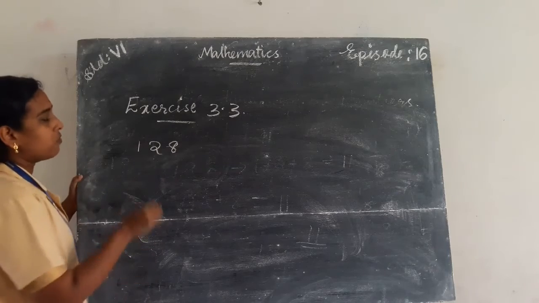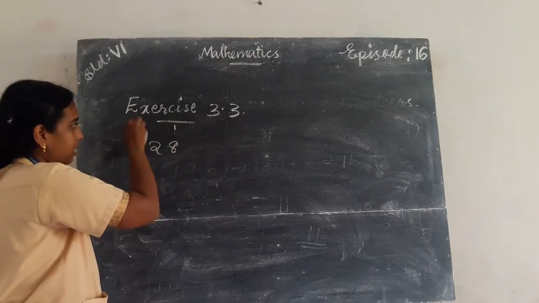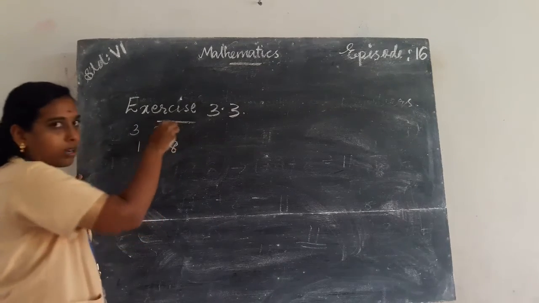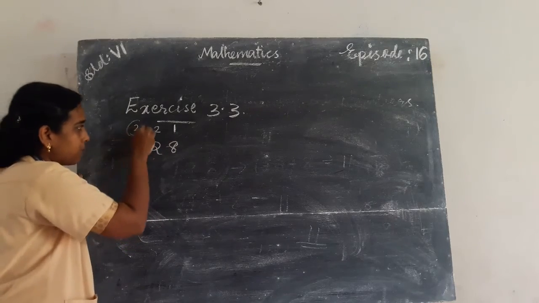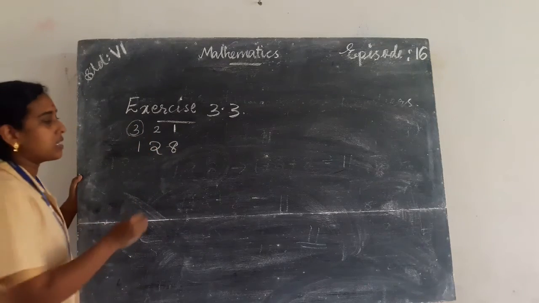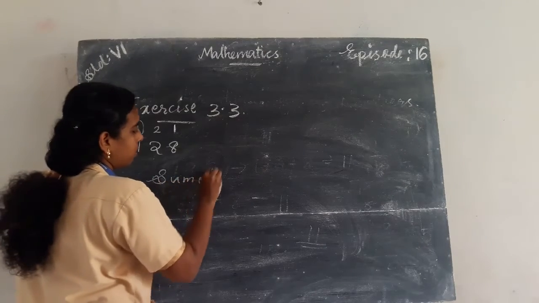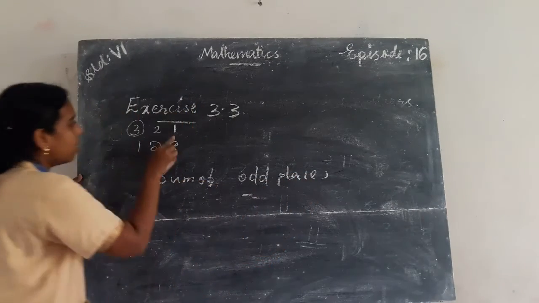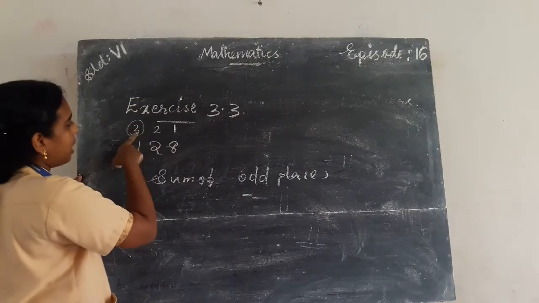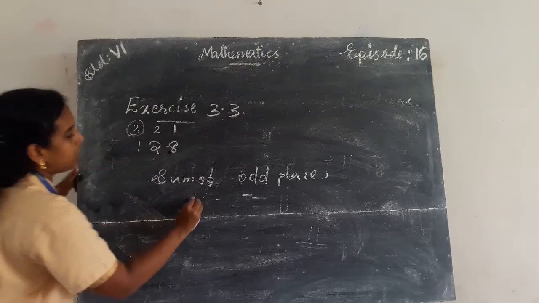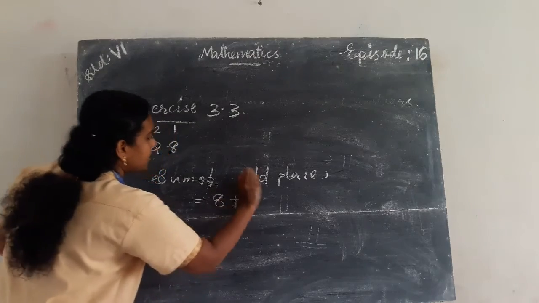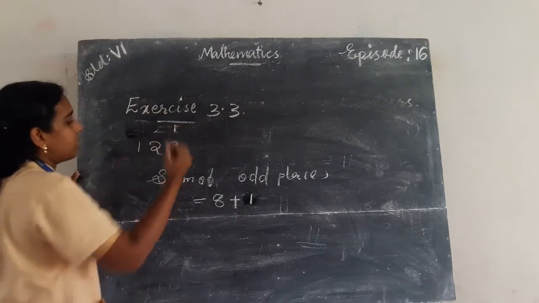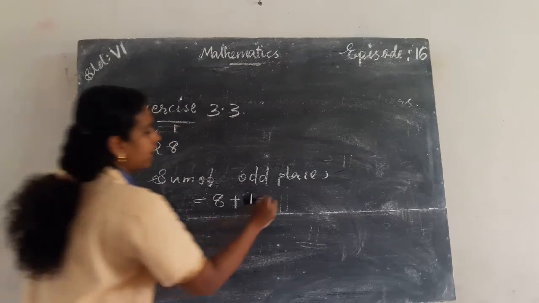Here the odd places are the first and third positions. 8 is at the first position and 1 is at the third position, so we get 8 plus 1, 9.